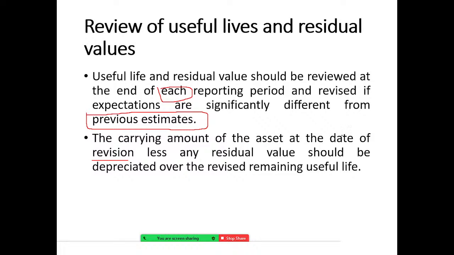At the date of revision, the carrying amount minus any residual value should be depreciated over the remaining useful life. So this remaining life is from the date of review.